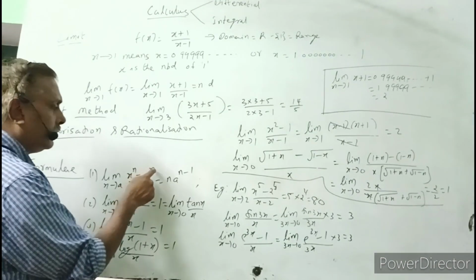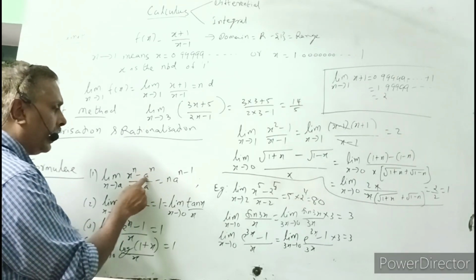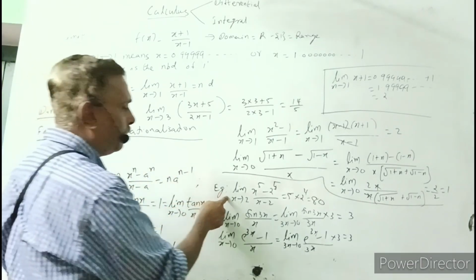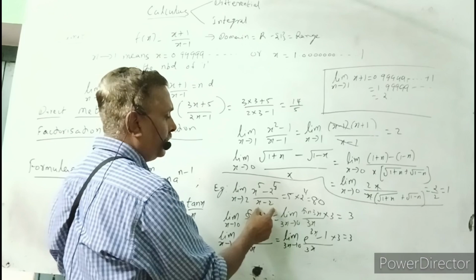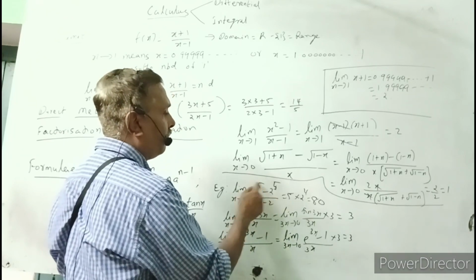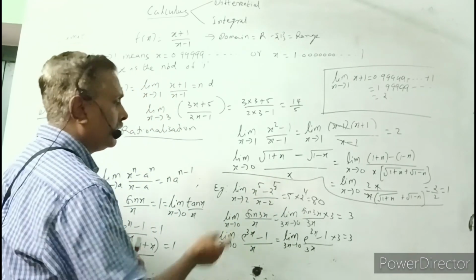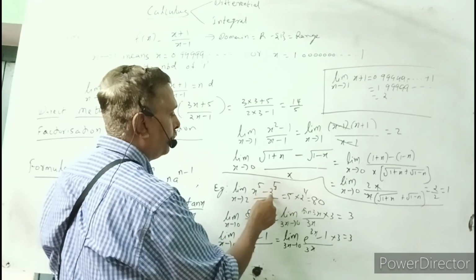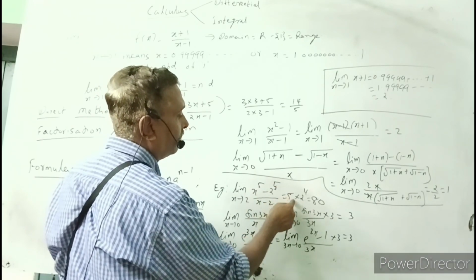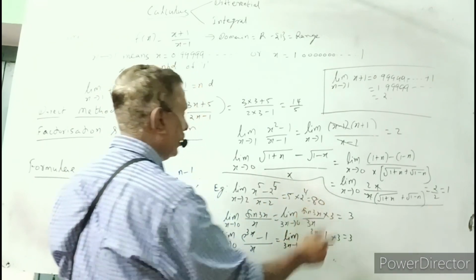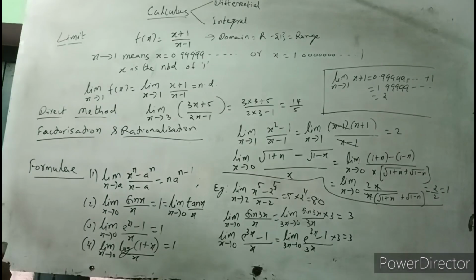Then the result is n into a raised to n minus 1. Example here, x minus 2 is here and both x and 2 have 5 as the power. So the result is 5 into 2 raised to 5 minus 1, that is 5 into 2 raised to 4, that is equal to 80. That is one of the formulas.